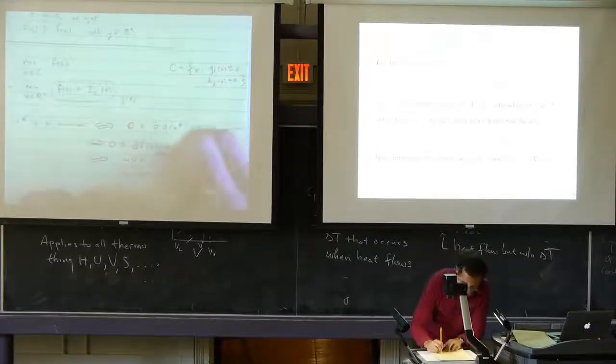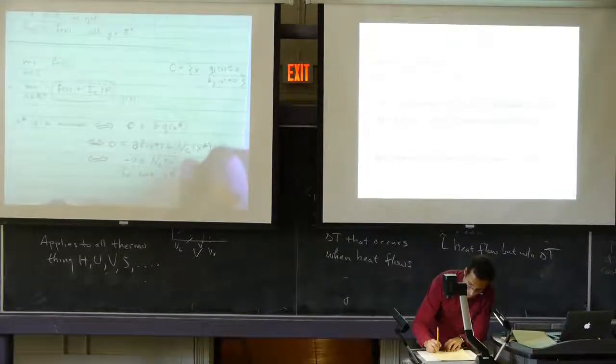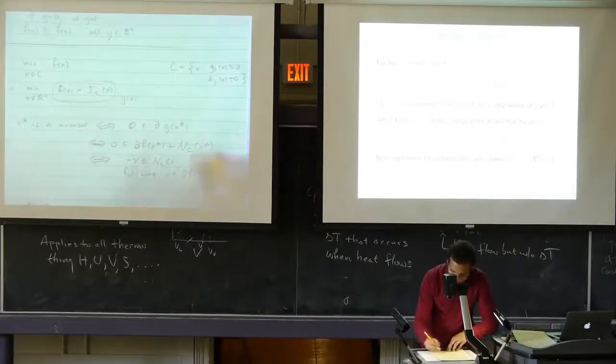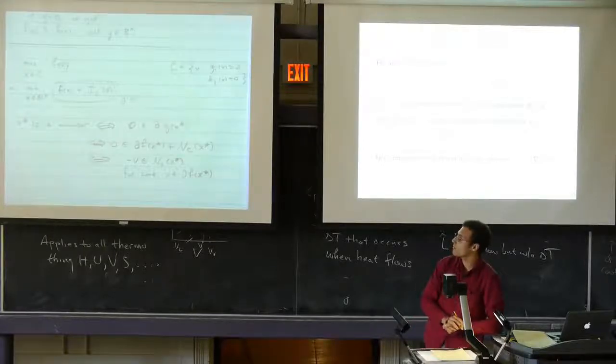I shouldn't use g since I use that for the function, so I'll use v. So if we can find a subgradient of f such that the negative subgradient is in the normal cone, then we have the minimizer.